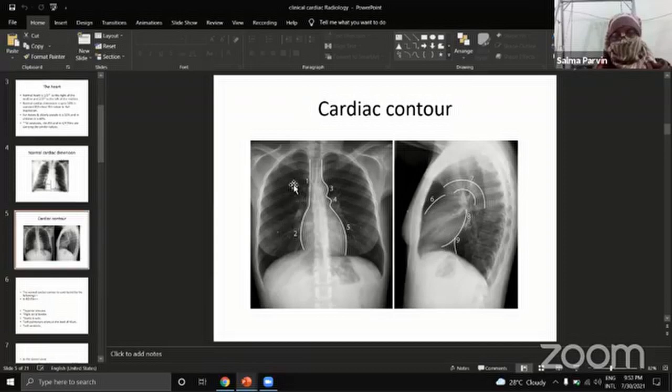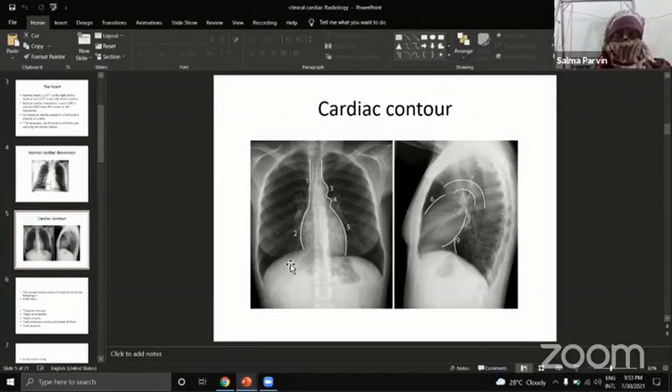The anterior 1, 2, 3, 4, 5, 6. It is at the level of the anterior 7th rib, and it should correspond to the posterior 11th rib. Usually 4 ribs make the distance from anterior to posterior ribs.